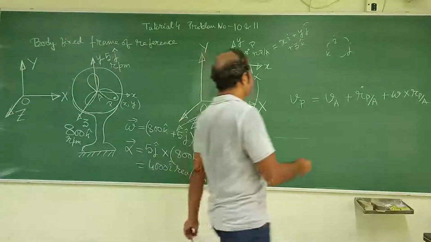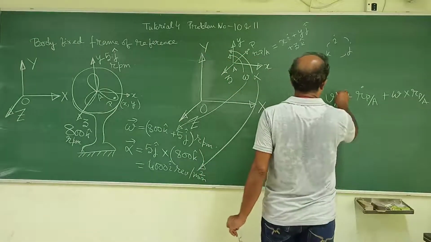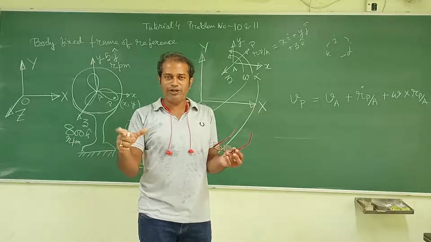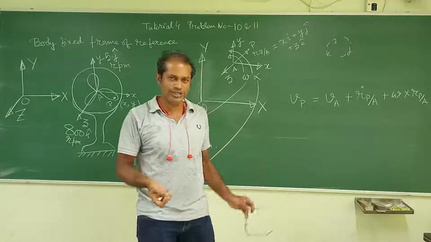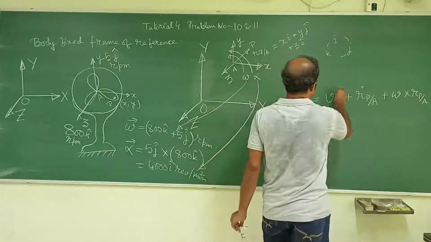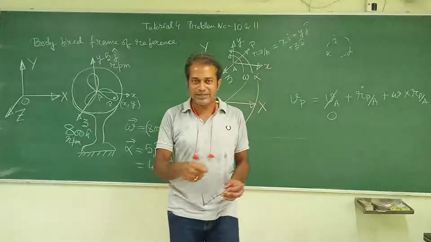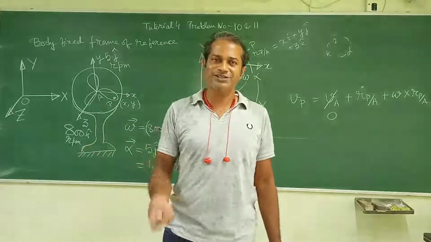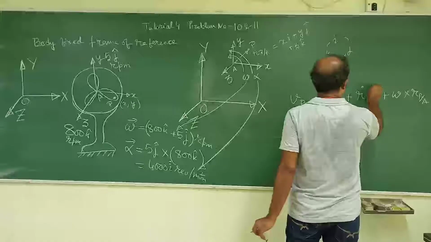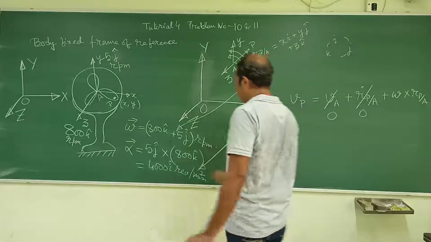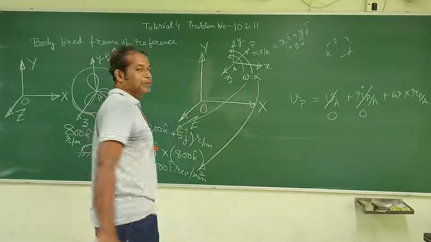But look carefully that your A point is not moving at all. Just look at the table pen, the A point is not going to move. It is fixed. So this part is going to be 0. R P by A dot, because the blade is considered rigid, is also going to be 0. Only you are left with omega times R P by A.